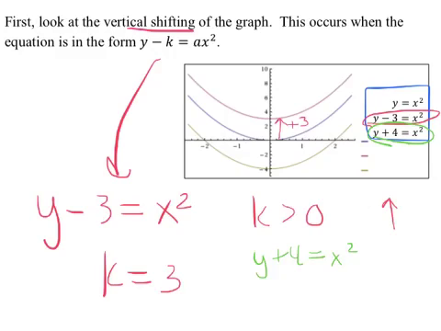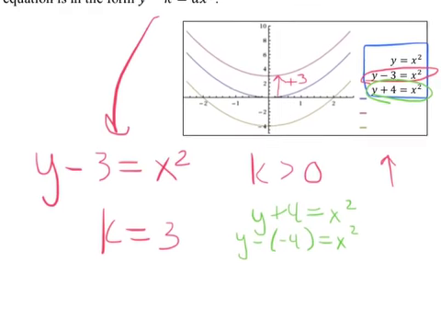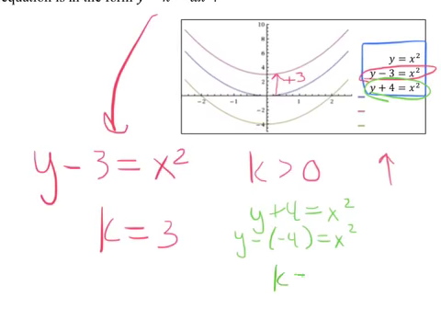When y plus 4 equals x squared, what is k? Negative 4, because this should really be written like this. We all agree with me there? Isn't a double negative a positive? So minus -4. The standard form is y minus k, and this is y minus -4. So k is simply -4.